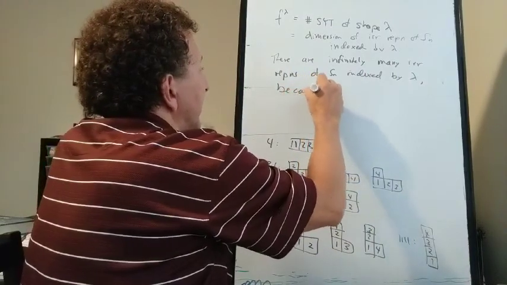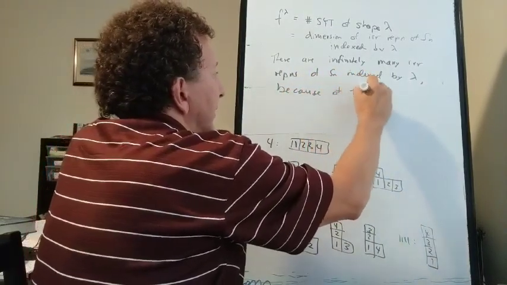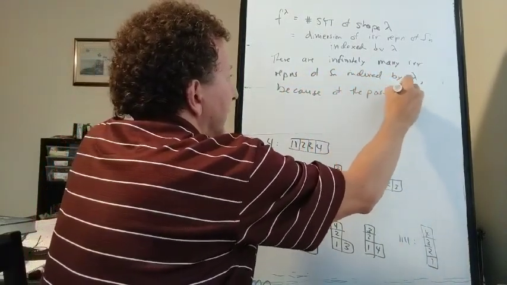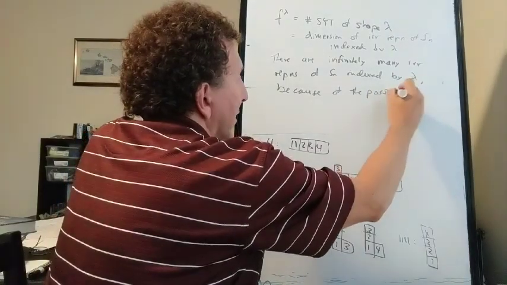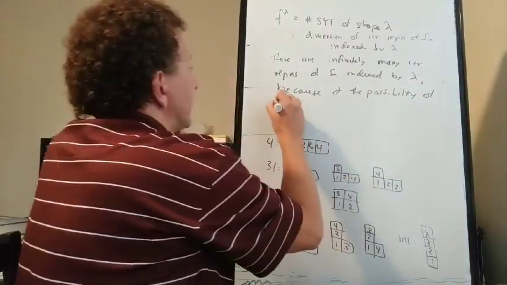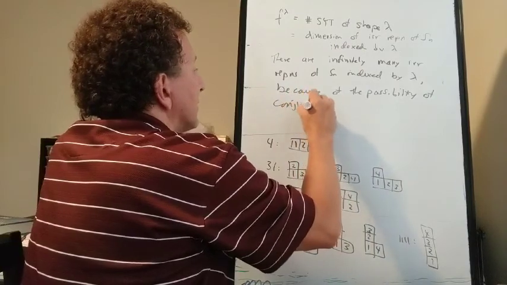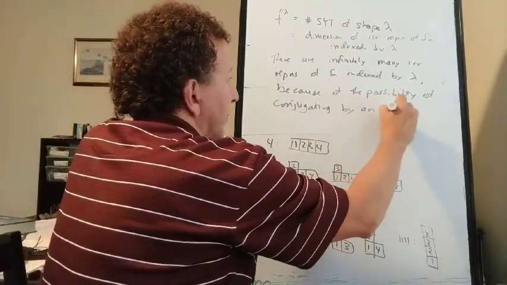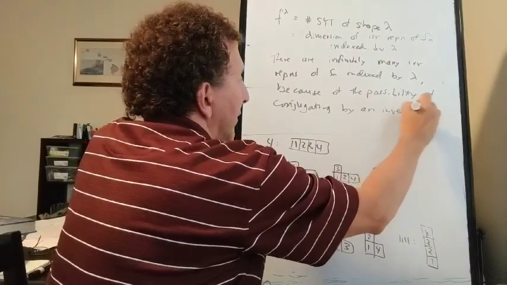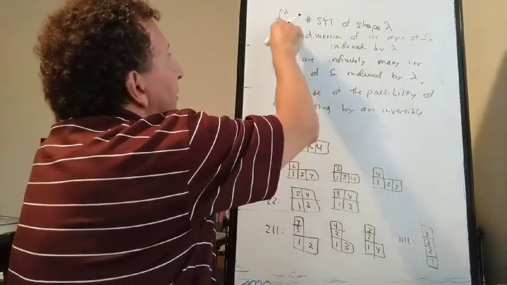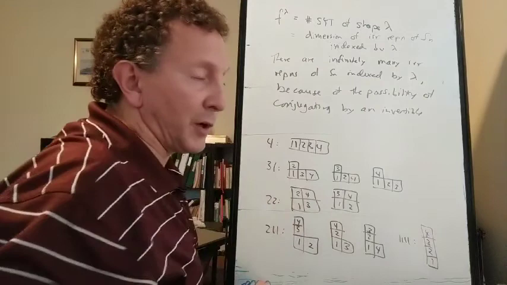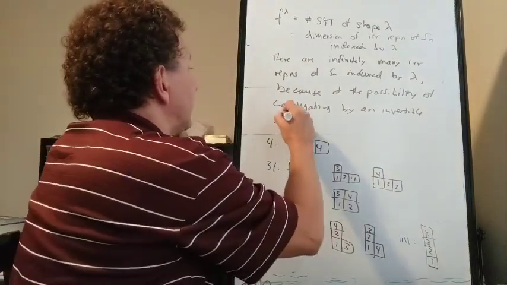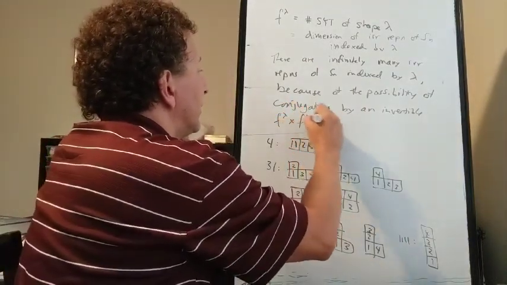Well, if the matrices are f lambda by f lambda, then that invertible matrix is going to have to be f lambda by f lambda also.